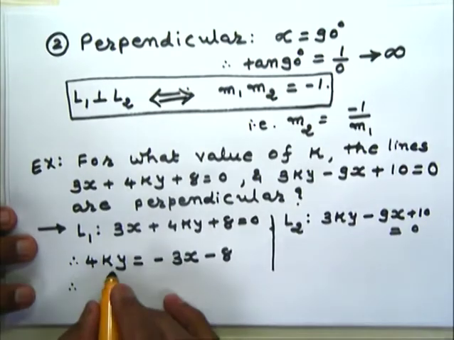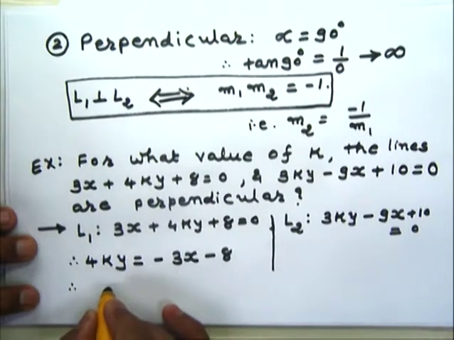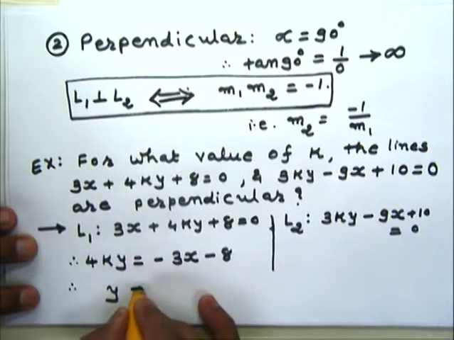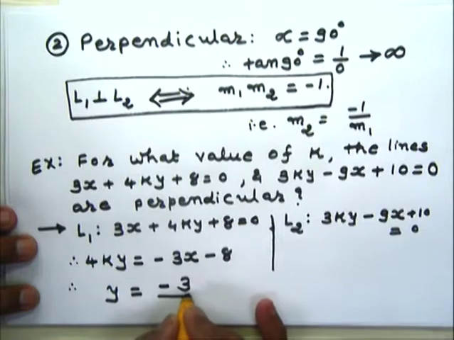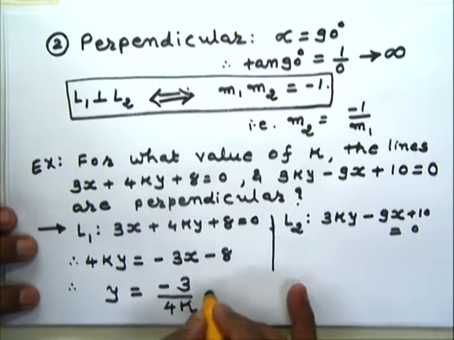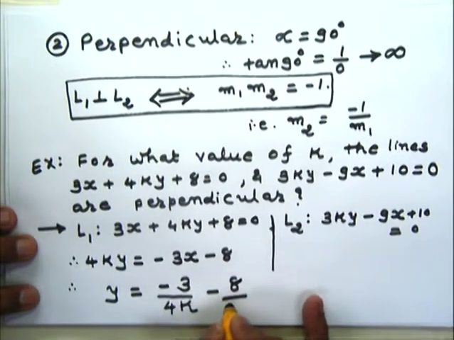So, therefore, y is equal to minus 3 upon 4k x minus 8 divided by 4k.